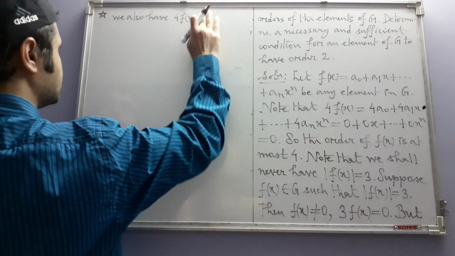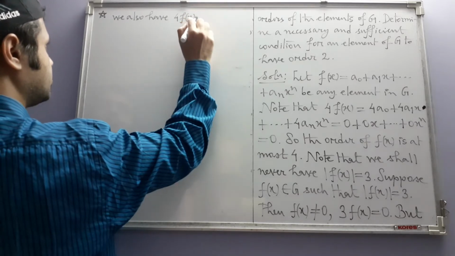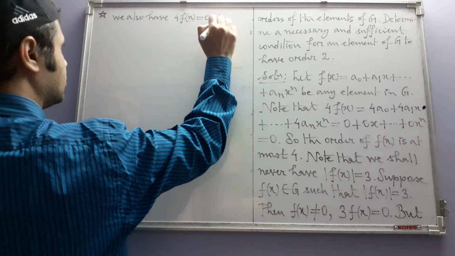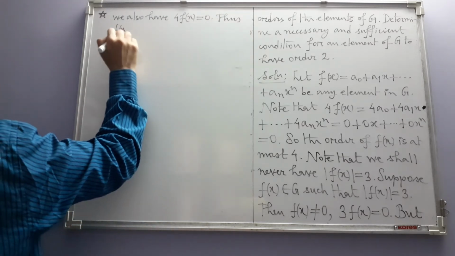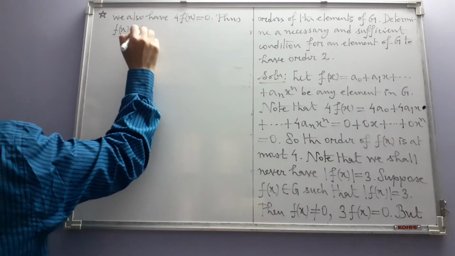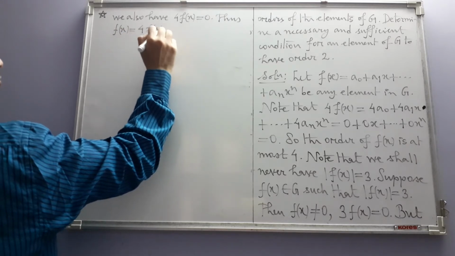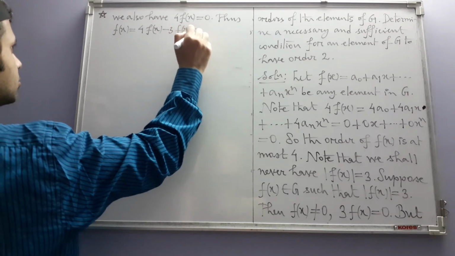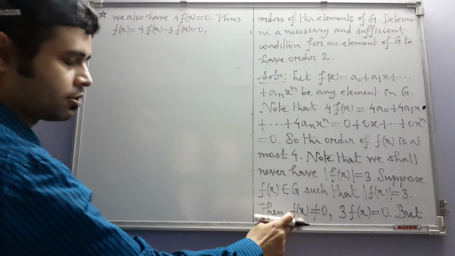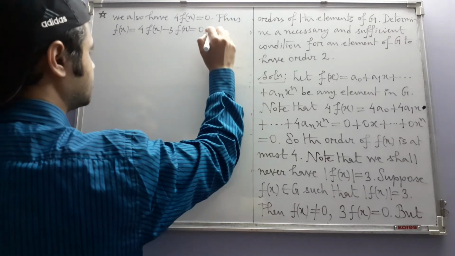Thus, f(x), which is nothing but 4f(x) minus 3f(x), is equal to 0, which contradicts this directly.